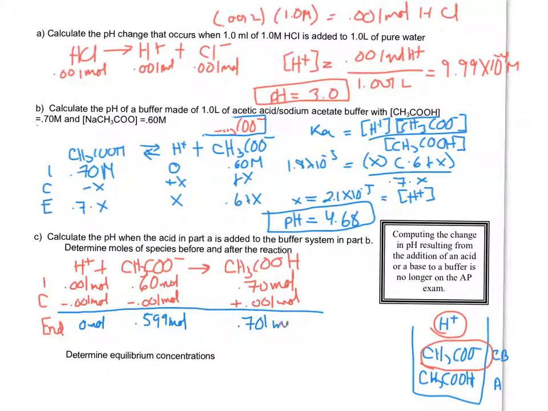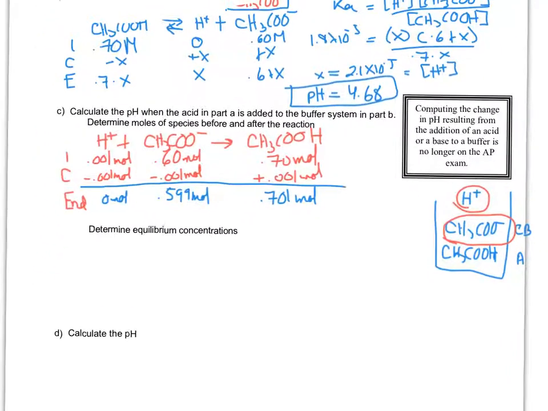0.701 moles. So after my reaction here, remember I had my beaker that had my buffer system, and I added H+, so the H+ reacted with the CH3COO minus. This is what I end up with after that reaction. Okay?